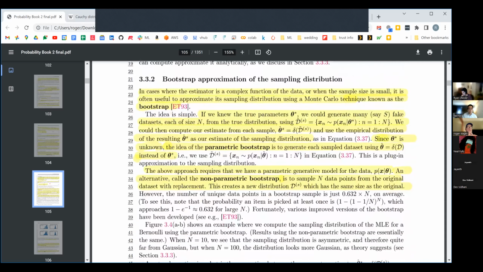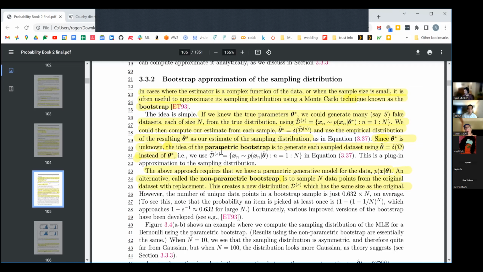Bootstrapping. So if you have a distribution defined by a data set, it sounds like there are two different ways that they come up with these sampled data sets. These are multiple data sets, each of which is sampled from the same distribution.